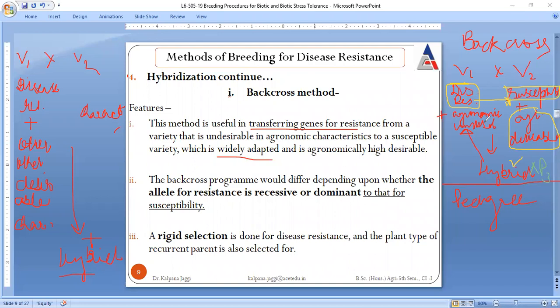But do you know with which parent the backcross is to be carried out? Obviously, it is to be carried out with the disease resistant parent only. But whenever we talk about any gene, say the disease resistant gene, it is abbreviated by D. This D is the gene that is responsible for the disease resistant characteristic.